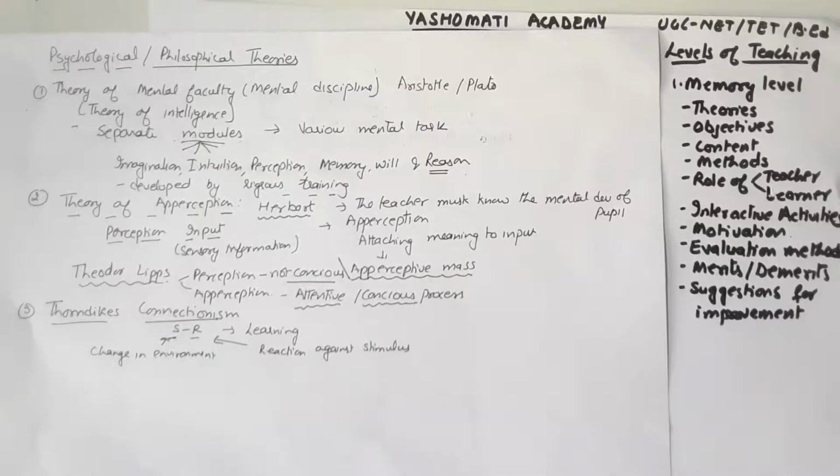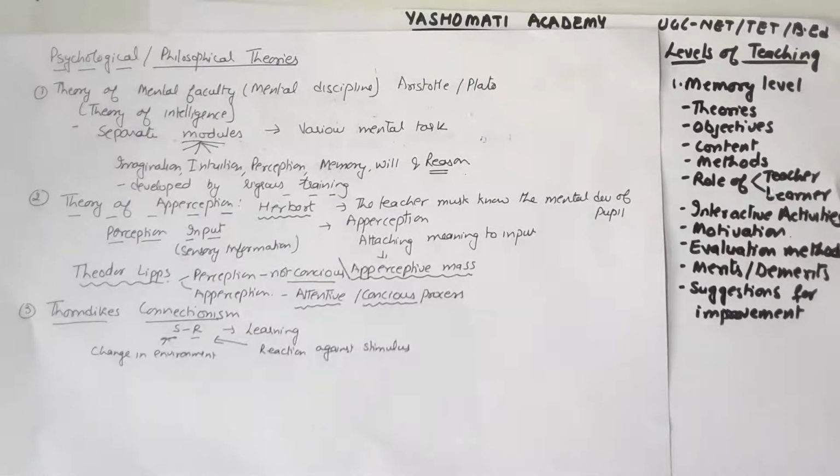This theory is in use even in today's classroom. We have seen that when one particular stimulus fetches the same kind of response and this process is repeated again and again, then the learning becomes strong.